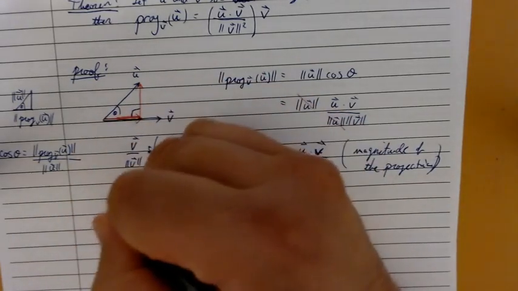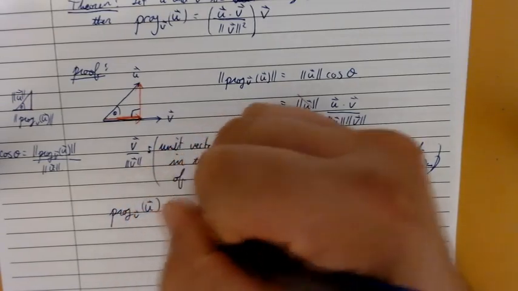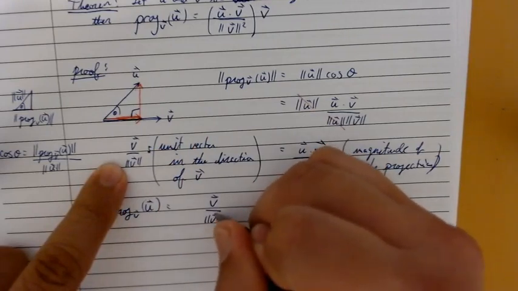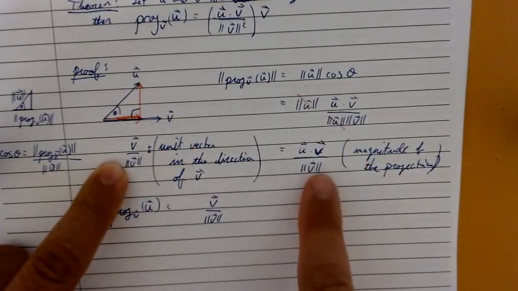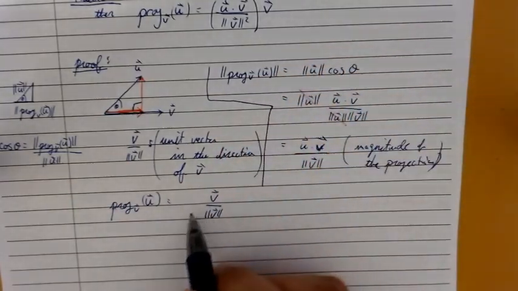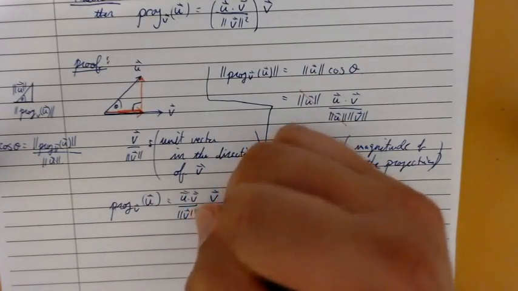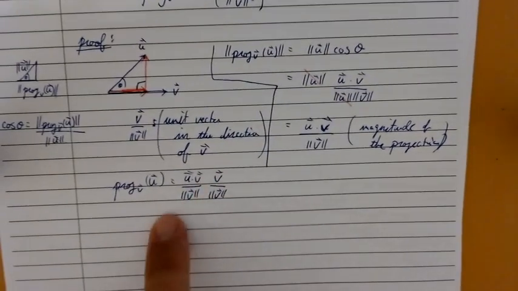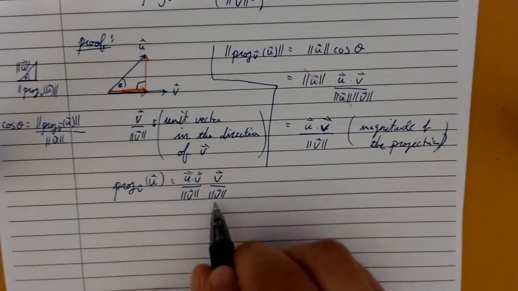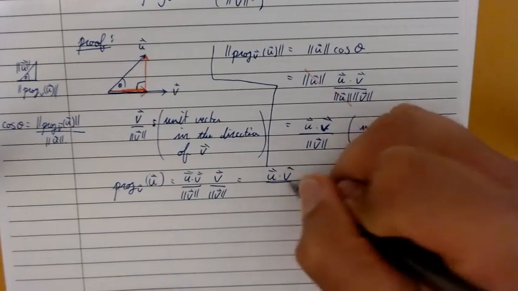So that means that my projection of u onto v must equal, that's in the right direction, but it's only got magnitude 1. But by multiplying it by this magnitude, u dot v over the magnitude of v, that gives me this vector with the right size. Here, these two are the same, so I can say, well, the magnitude of v times the magnitude of v, I can write that as the magnitude of v squared.